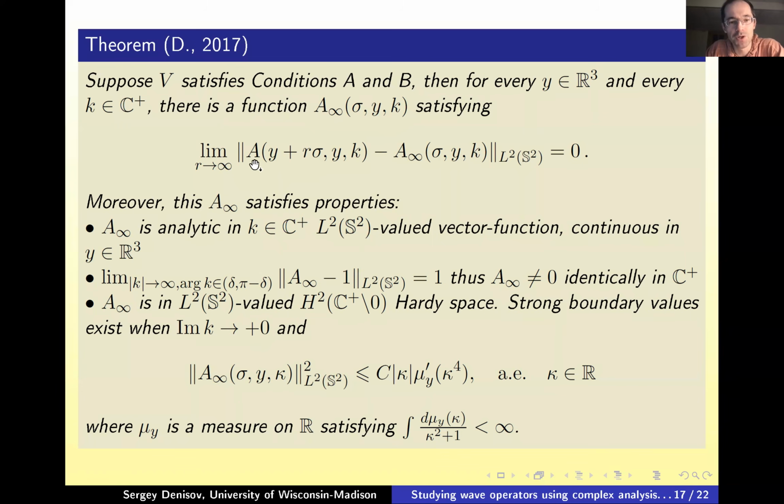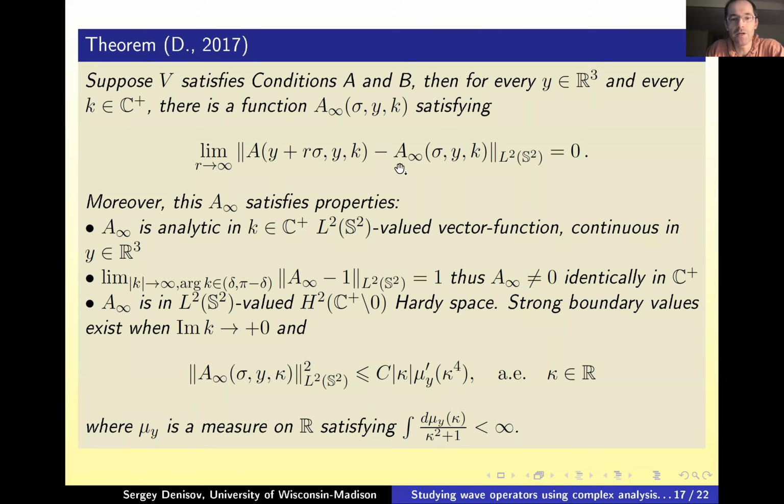And so what we do here, as you see, we fix this A and we restrict to the sphere of radius R. And then we take the limit. So the topology I'm using right here is this L2 S2 topology. It's not the pointwise topology, rather it's the topology inherited from L2 on the unit sphere.